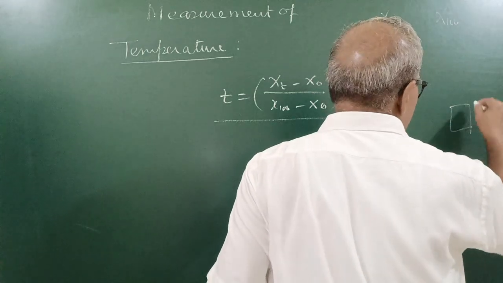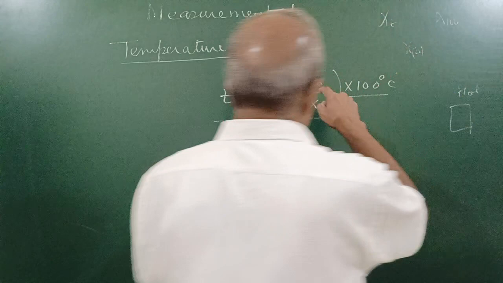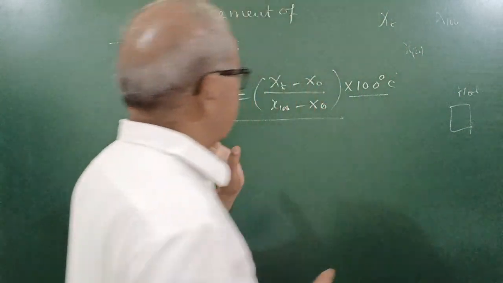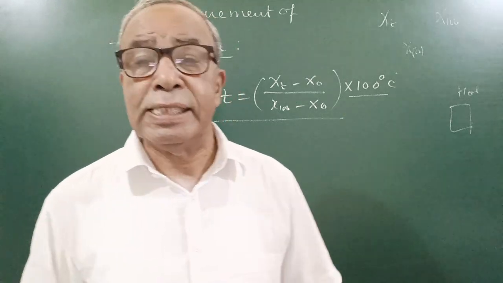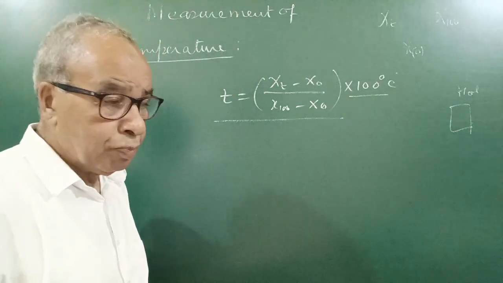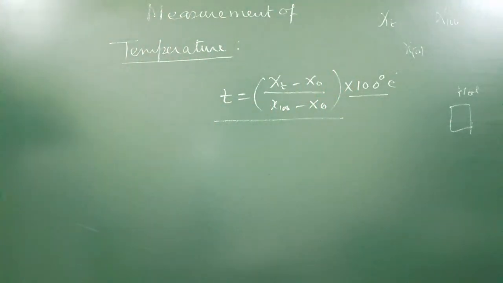It is a hot body whose temperature we want to measure, so we measure by xt, with x0 and x100 fixed. But xt may be different for different liquid thermometers.